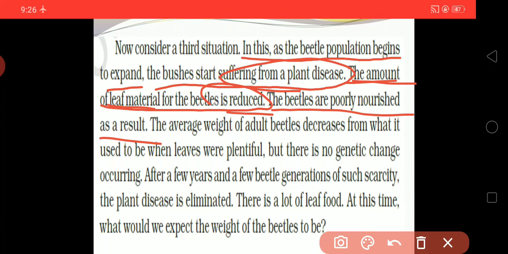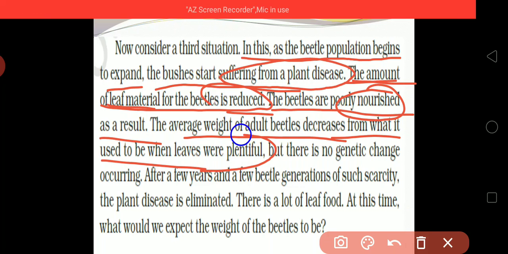Beetles will not get a sufficient amount of leaf material for their digestion as well as for their nutrition, and due to which they are poorly nourished, and the average weight of an adult beetle decreases from what it was when the leaves were plentiful.